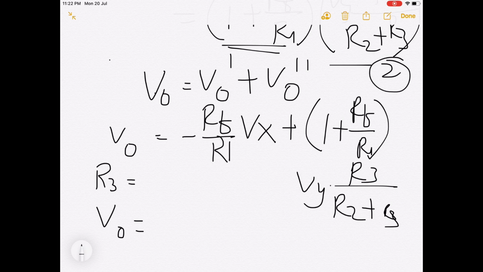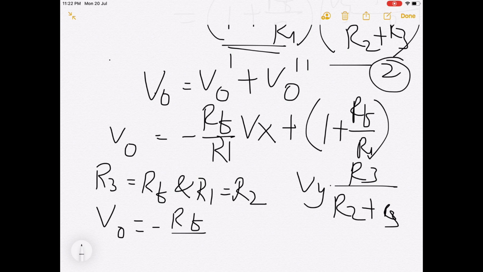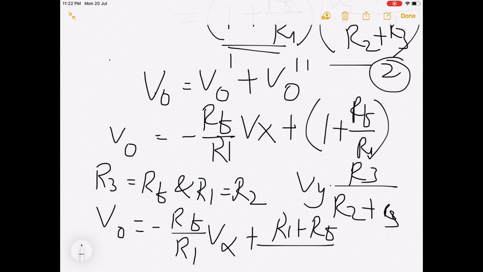You have to keep R3 equal to RF and R1 equal to R2. Keep these values the same and put them in the above equation. So VO is equal to minus RF by R1 into Vx plus R1 plus RF divided by R1 into Vy into R3 upon R2 plus R3.